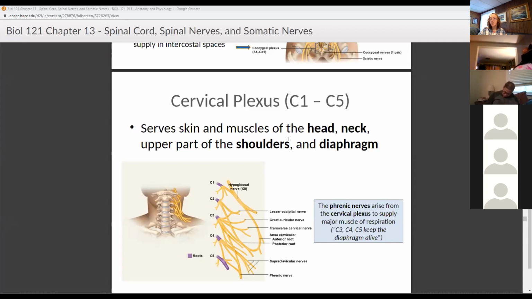It's kind of a big deal because he was the Superman in the original Superman movies. That results in loss of the innervation of the diaphragm, resulting in, from that point on, not being able to breathe on your own.